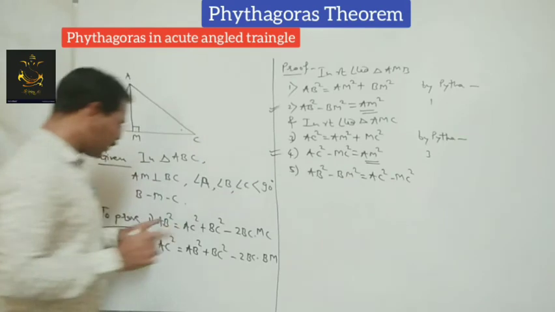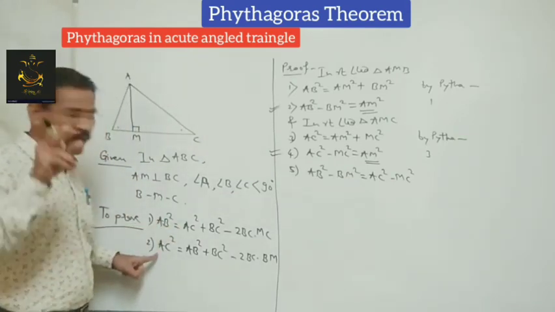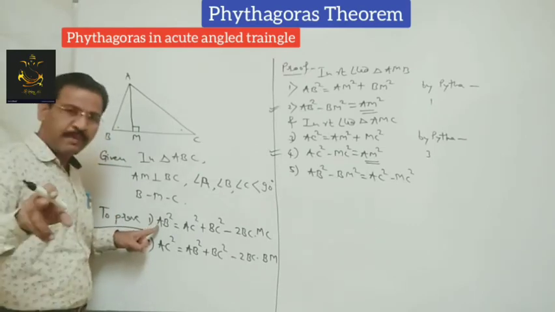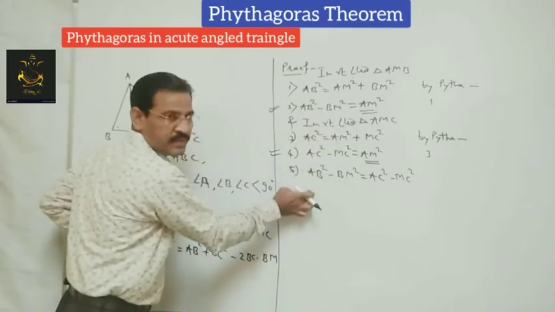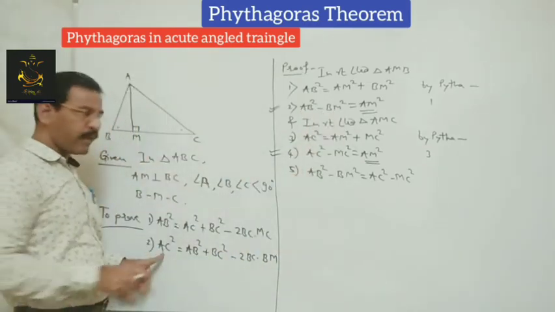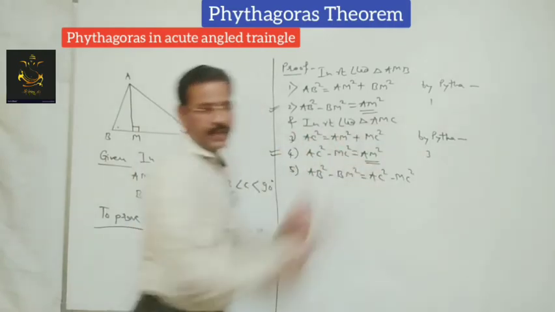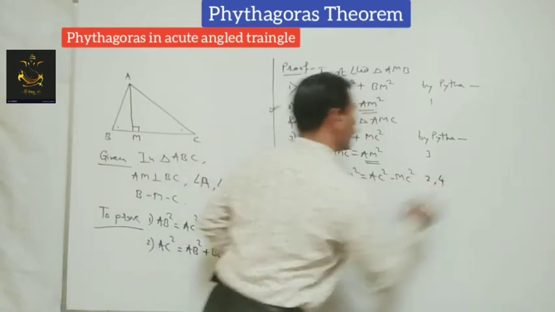See here, I am going to prove this one and this one we can write similarly. Look here, if you want to write AB square and you want to prove that AB square, then write this AB square minus BM square first. If you want AC square, then this particular part write this side and that one to that side. Understand? Okay, now this is from second and fourth step.